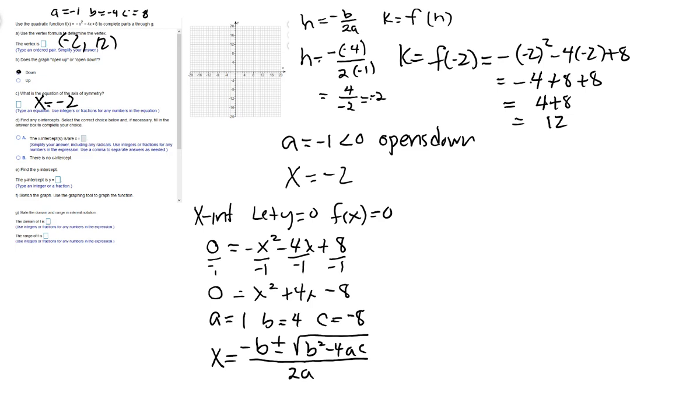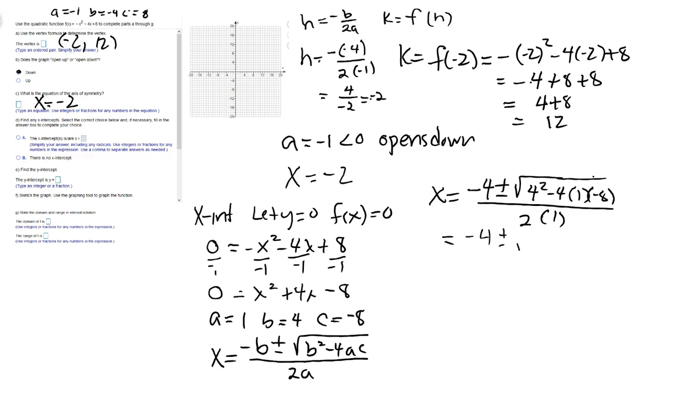So I'll substitute the a, b, and c into the formula to get negative 4 plus or minus the square root of 4 squared minus 4 times 1 times negative 8, all over 2 times 1. And I'm going to simplify following order of operations.